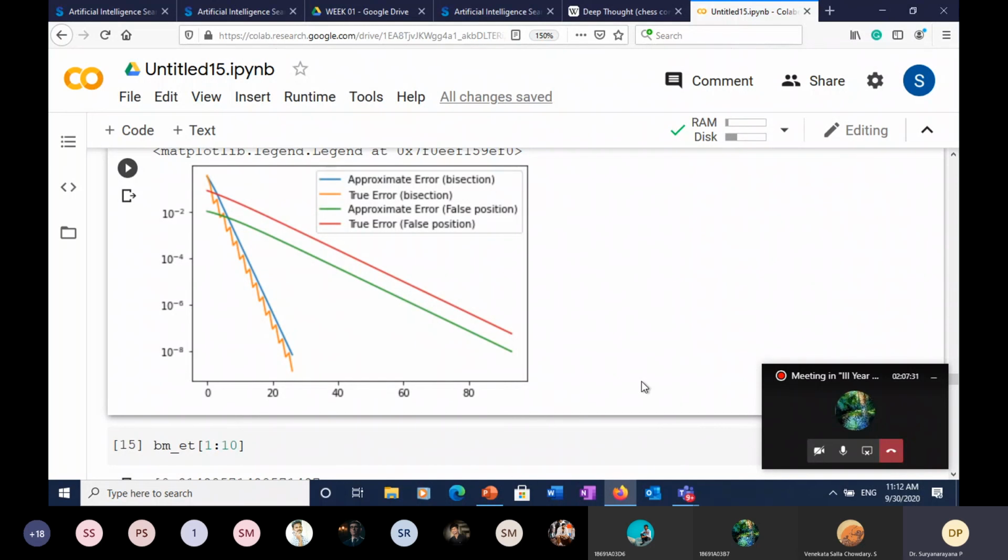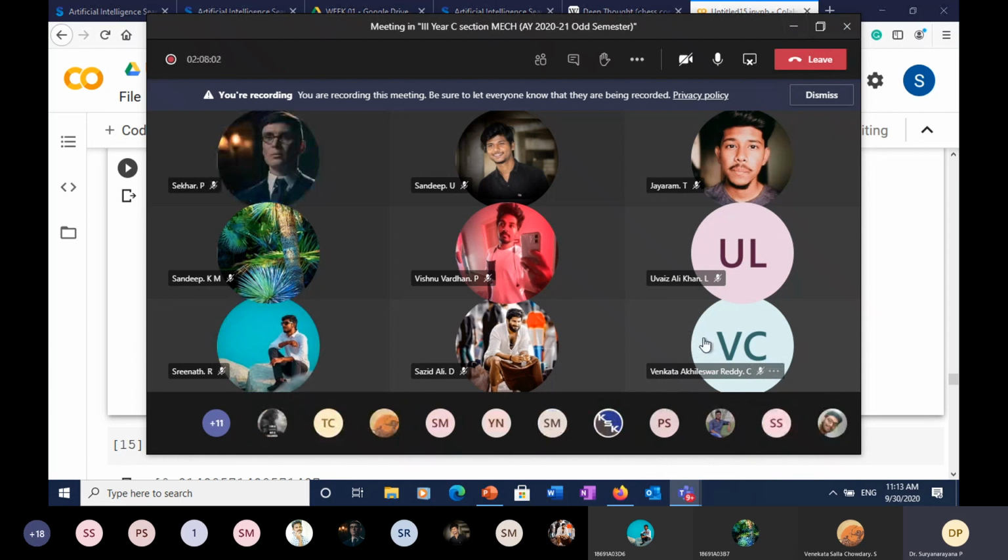The message I'm trying to get across is, in general, we cannot claim that the false position method is much faster than the bisection method, but in most cases, the false position method is indeed faster. When I say faster, we talk in terms of the number of iterations it takes to arrive at the solution. That's called rate of convergence. Okay, I think I have already gone over a little.